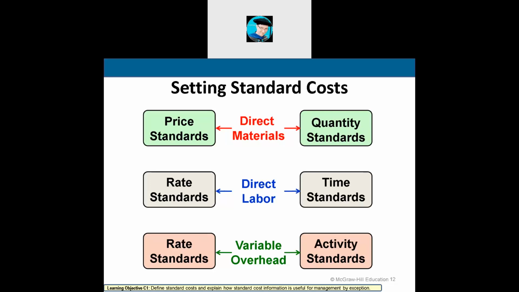That's their standard quantity, half a pound. Their standard price, I think it was like $1.50, something like that, right? So that's what they normally spend. So you could say standard price times standard quantity would get you the direct material standard.